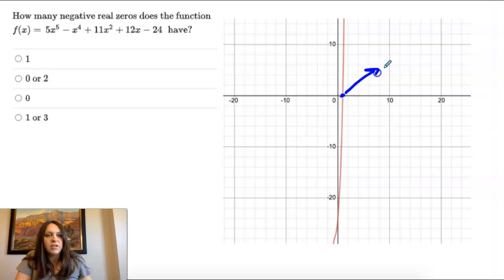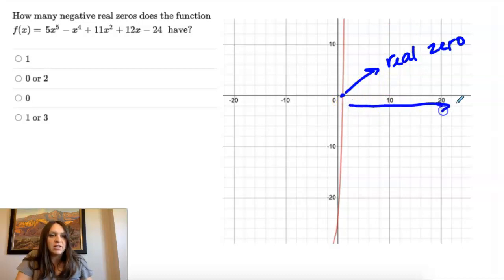This is considered a real zero. And I'm looking, it's a positive number. So these on this side of the x-axis are positive.